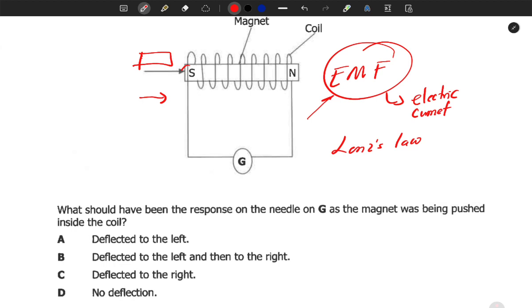That change in the magnetic field, or the magnetic flux, causes the induction of the EMF. This EMF produces an electric current, which will flow in the direction so as to oppose the change that caused it. That's Lenz's law.